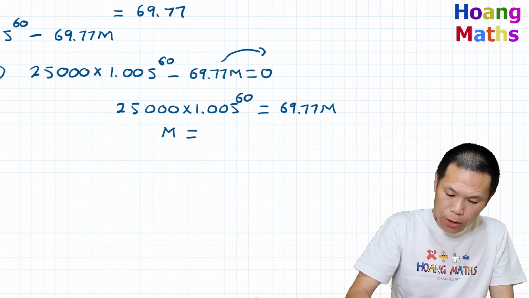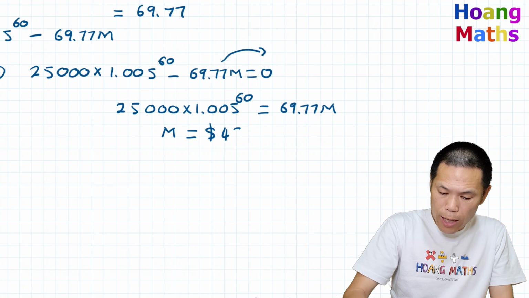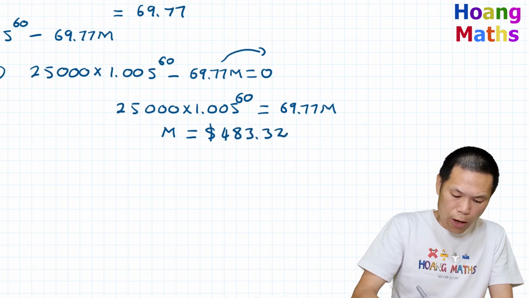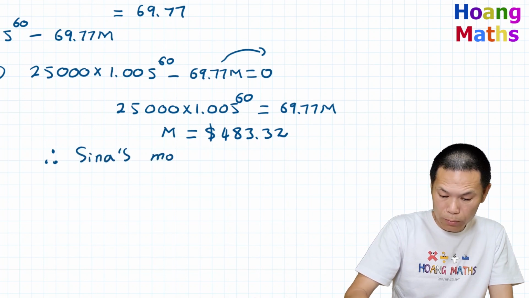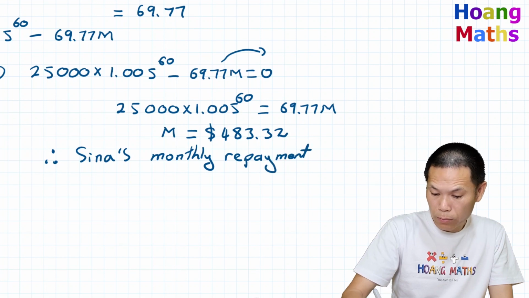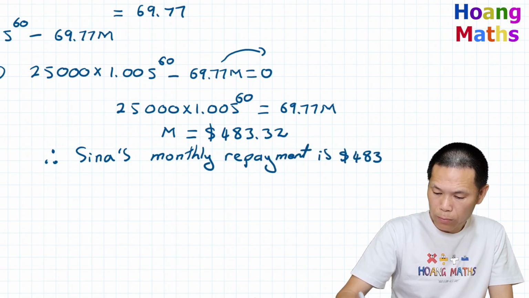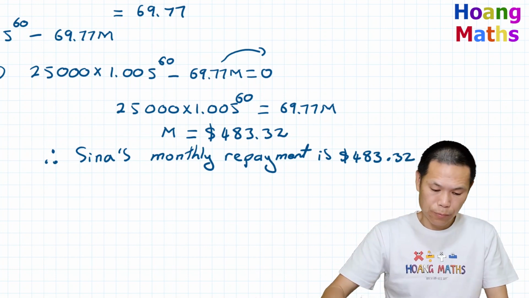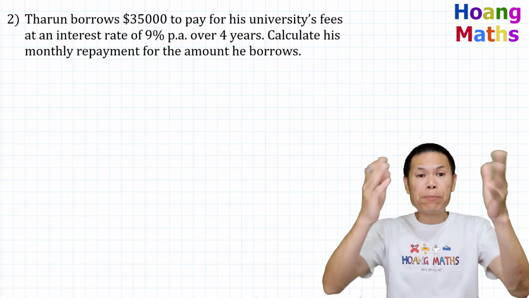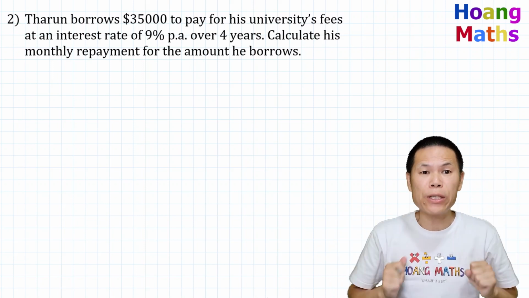M is equal to $483.32. So there you go. Please pause the video and try this one yourself.